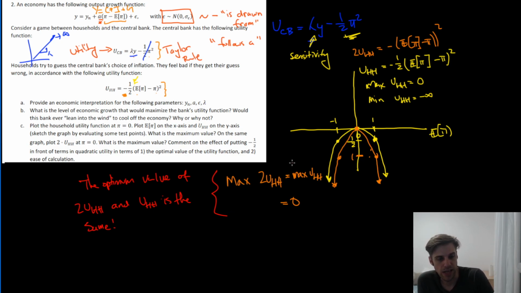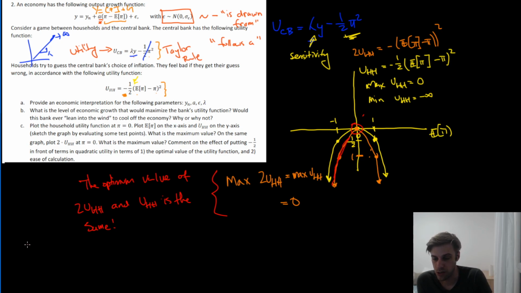What this means is that if we maximize 2UHH, it's exactly the same as if we maximize 1/2 UHH. Okay, so we can choose. If all we care about is the maximum value, which is all we care about, we're going to make a Lagrangian and solve an optimization problem. We only care about this maximum point. If we're going to do an optimization and we only care about that point, then we have the freedom to multiply by whatever we like. Doesn't matter.